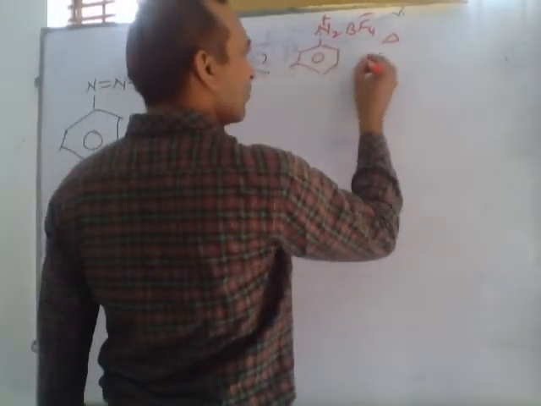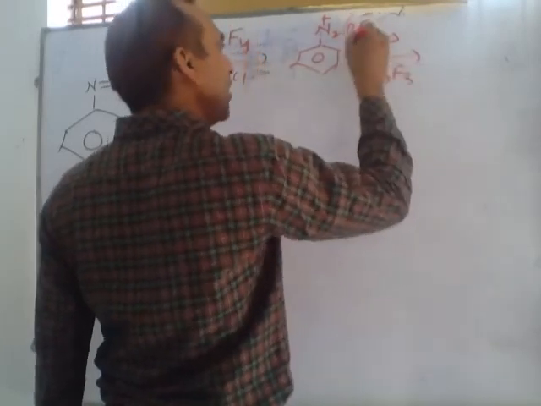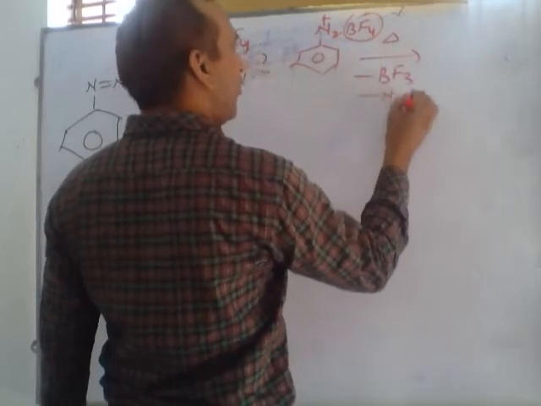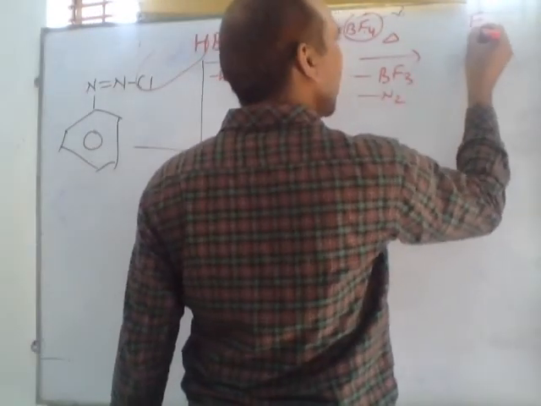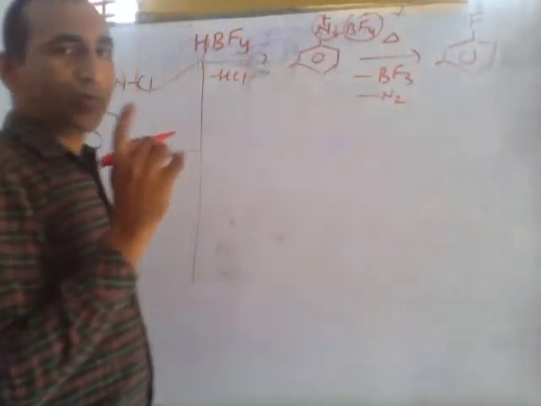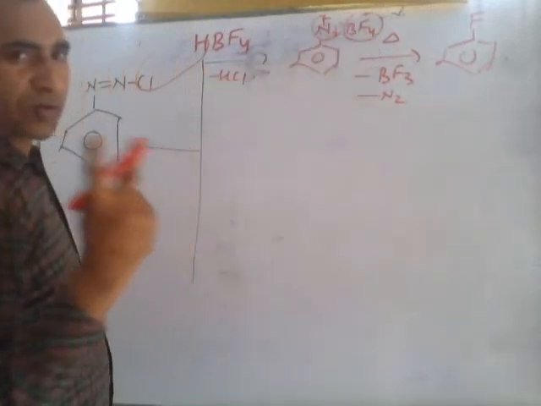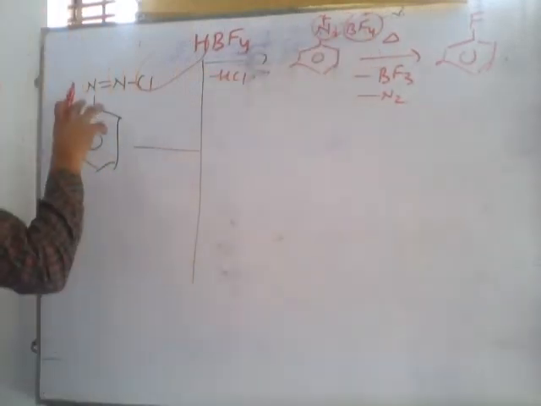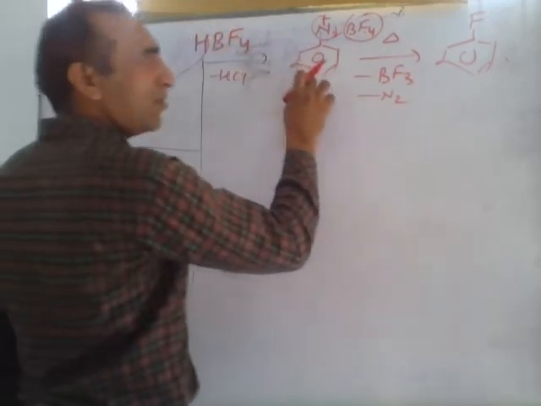On heating, BF3 from here and N2 from here are removed, and one fluorine is left. This fluorine is directly connected with the ring and our fluorobenzene is formed. So in an exam, if they ask how you can prepare fluorobenzene: BDC reacts with fluoroboric acid and forms this compound.